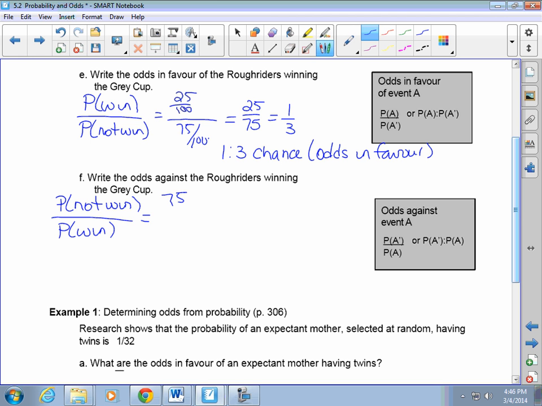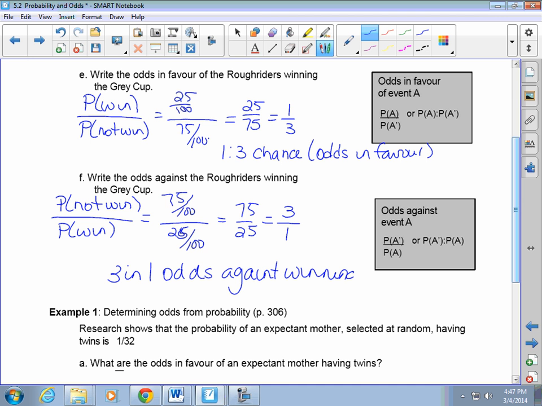That was 75 over 100 for not winning, and 25 out of 100 for them winning. So this is 75 over 25, which reduces to 3 over 1. So a 3 in 1 odds against them winning.